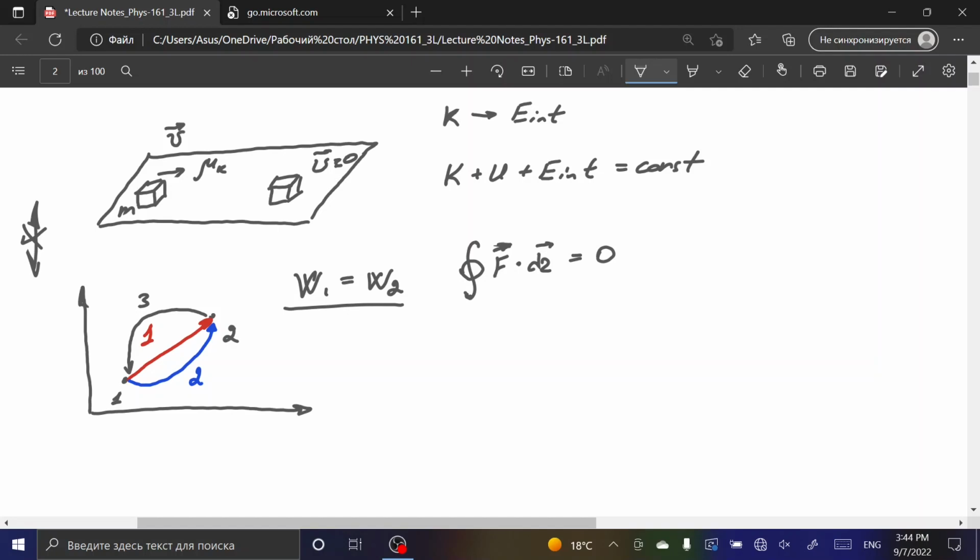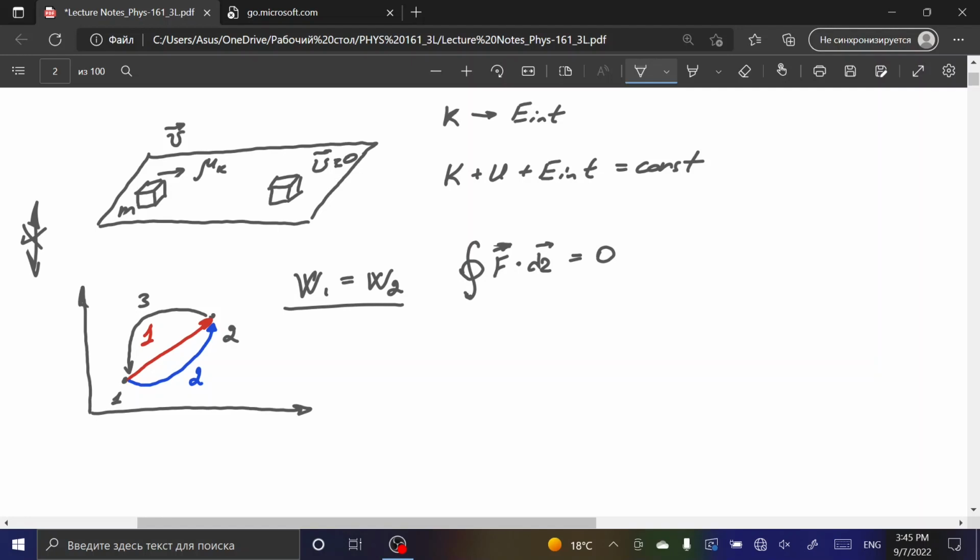During one half of the path at negative x, work is positive. At the second half of the path, when position is positive, work is negative, and net work was equal to 0. So obviously, if we come back with this block to the original position, net work will be equal to 0 also. So that's the condition which is valid for a conservative force.